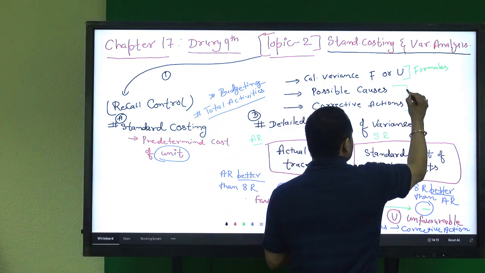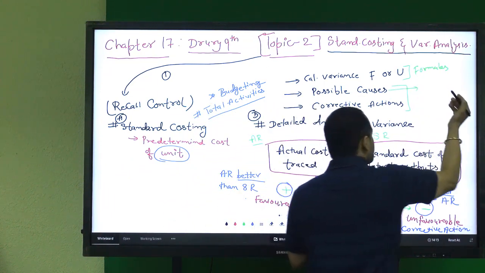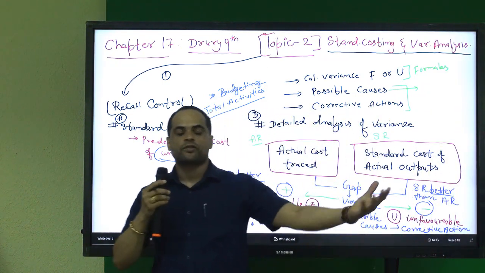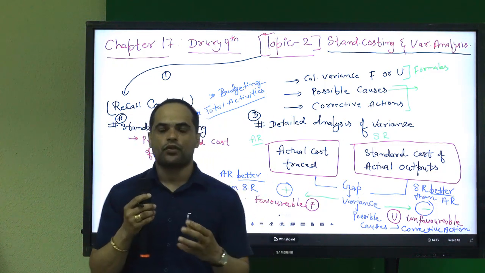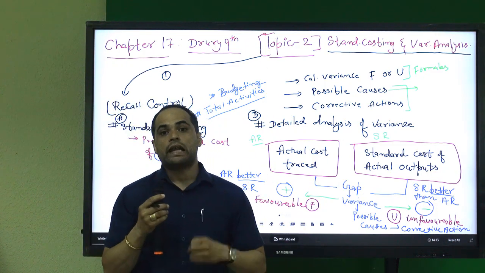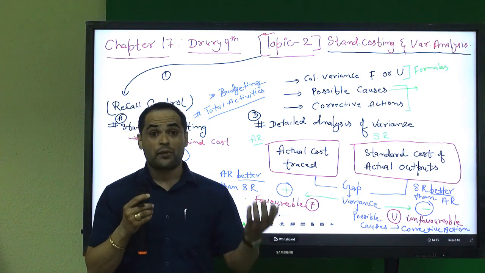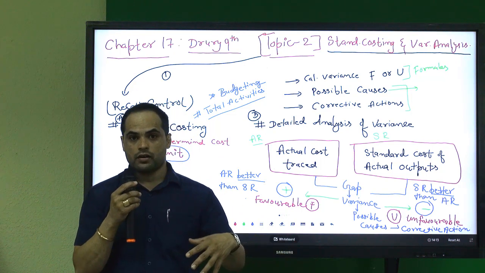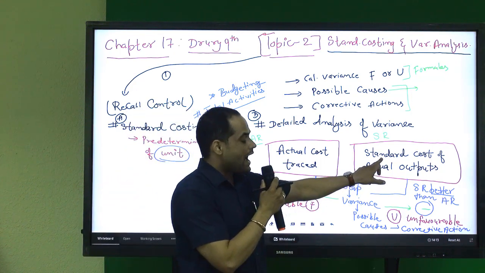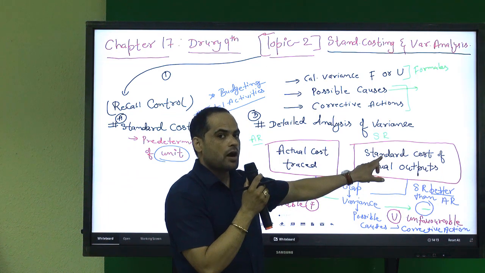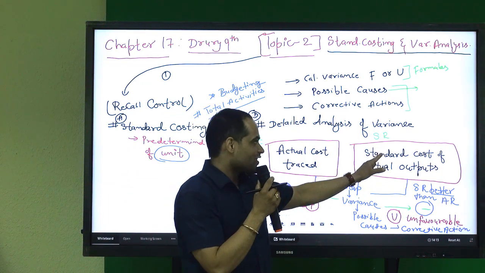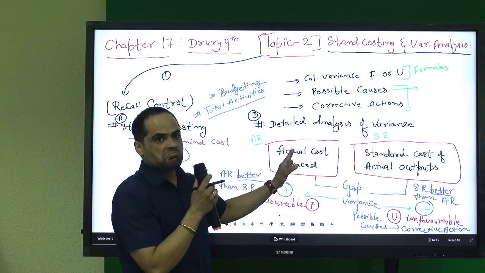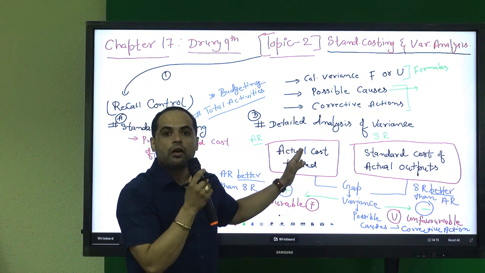Mainly this part is more discussion based. What are the reasons for these kinds of variances? For example, labor rate variance. I was expecting that I would pay $15 per hour to my worker, but actually I am paying $17 per hour.